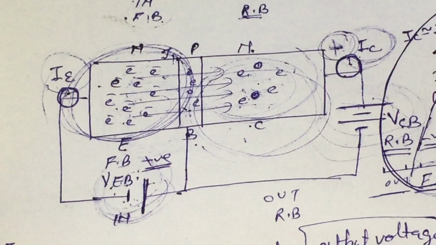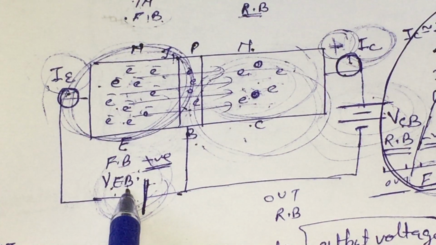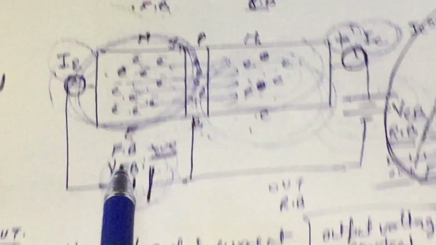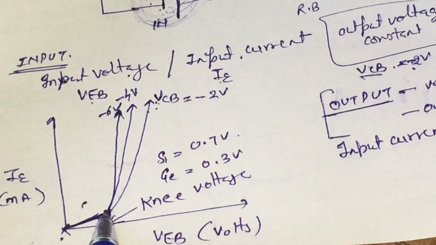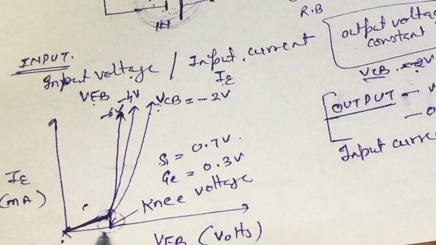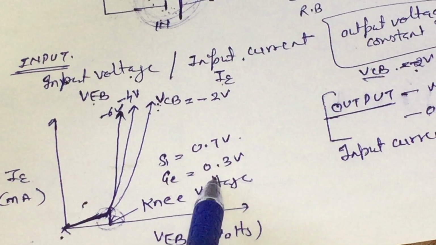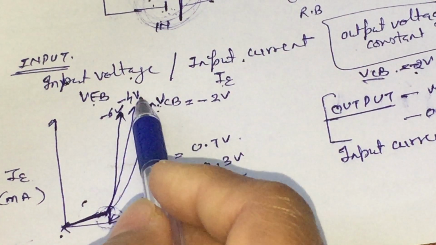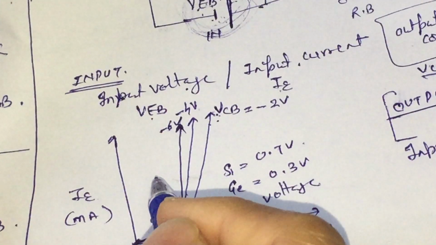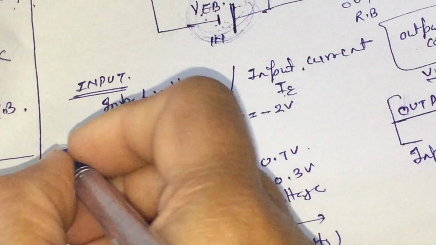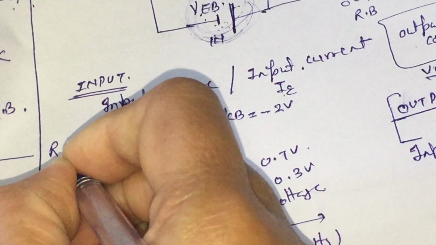As our input side is forward biased, when we obtain the forward biasing graph or input side graph, we know that at a very small voltage, that is 0.7 volt and 0.3 volt, we have a large current, and we know that when the current is large and the voltage applied is small, it means the resistance is small.